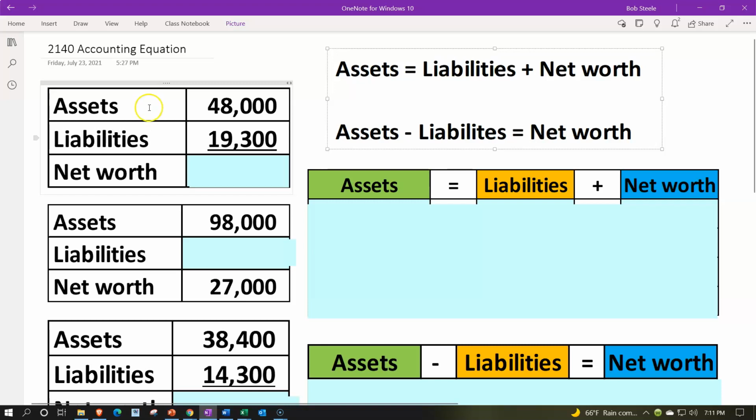Now, you could list this out in a vertical fashion, which, when there are only three accounts, I kind of prefer doing. When I have an equation that's less than five numbers in it, and it's a common type of equation, especially with three numbers, I might just list it out in the common way that I would format it, which would be assets minus liabilities would be the net worth.